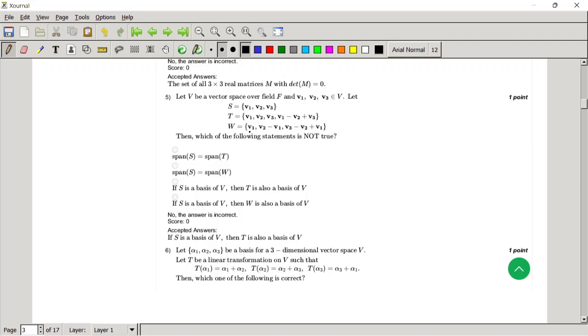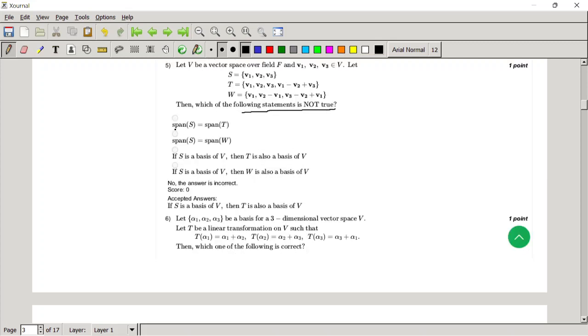Similarly, W equal to {v1, v2 minus v1, v3 minus v2 plus v1}. The options here are whether span of S equals span of T, and so on. Here also it is asked to check whether the statement is true or not.